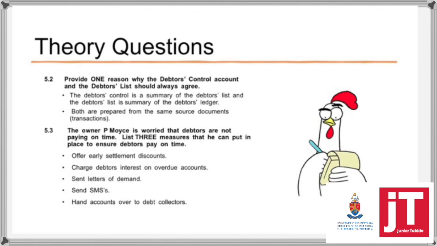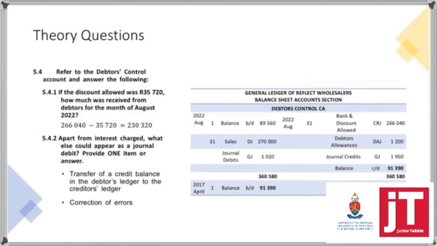All right, then we move on, and they say refer to the control account. So if we look at the control account here, they say the discount allowed was 35,720. How much was received from the debtors for the month of August? So if you look here, it says bank and discount allowed is total 266,040 Rand.